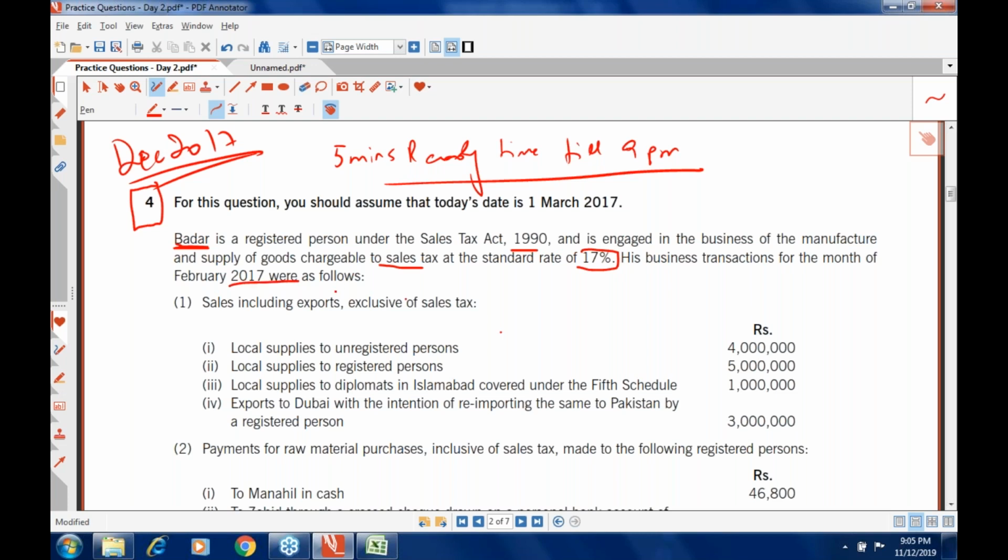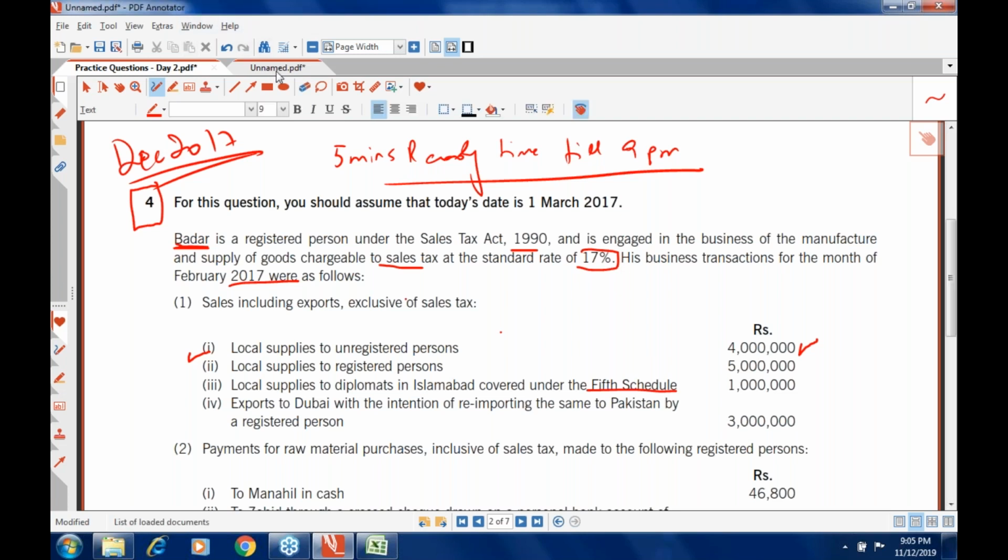It says sales, including the exports, exclusive of sales tax. First, the local supplies to unregistered persons. When we supply to a local unregistered person, we are going to impose a further tax on it also. The next is local supplies to registered persons. Then local supplies to diplomats in Islamabad covered under the 5th schedule.